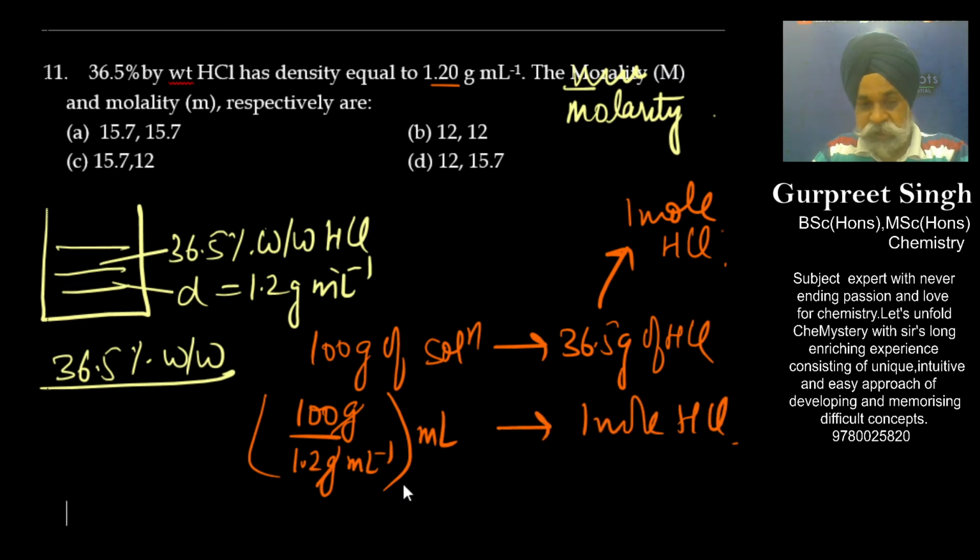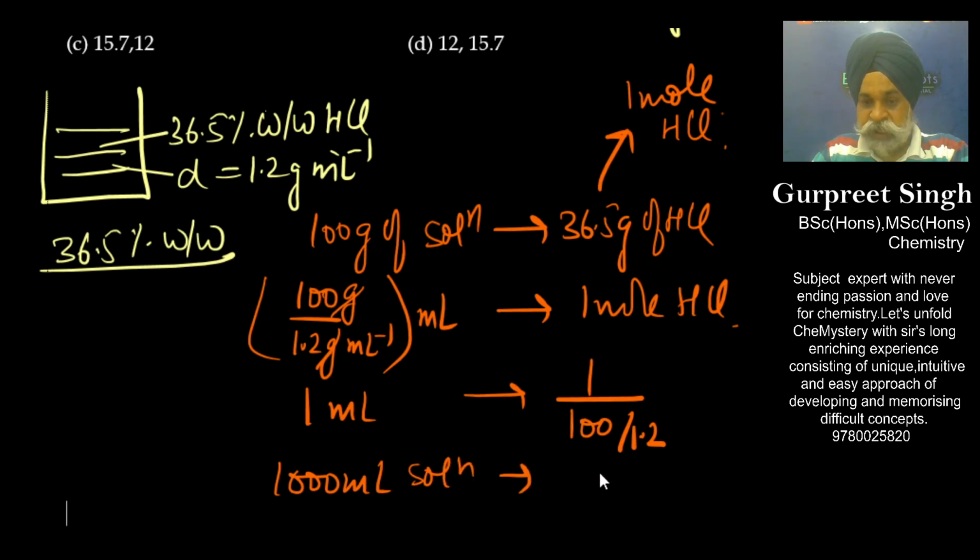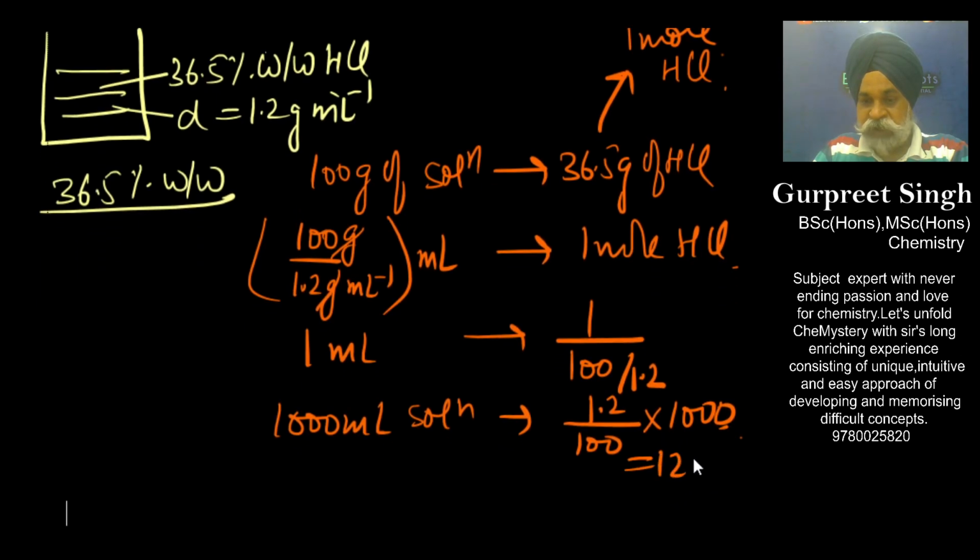So 1 ml would contain how many moles? It would be 1 upon 100 by 1.2. So 1000 ml of solution would contain 1 upon 100, this 1.2 goes up into 1000. So this would give you 12 moles.